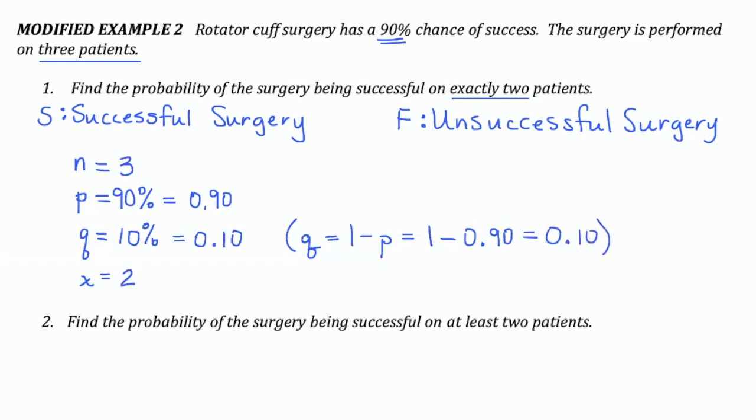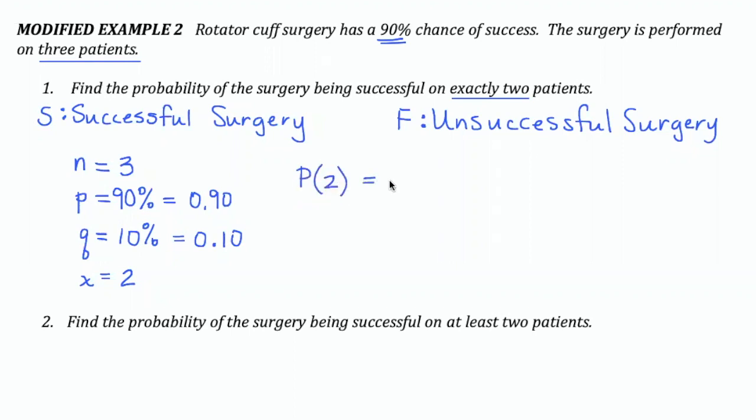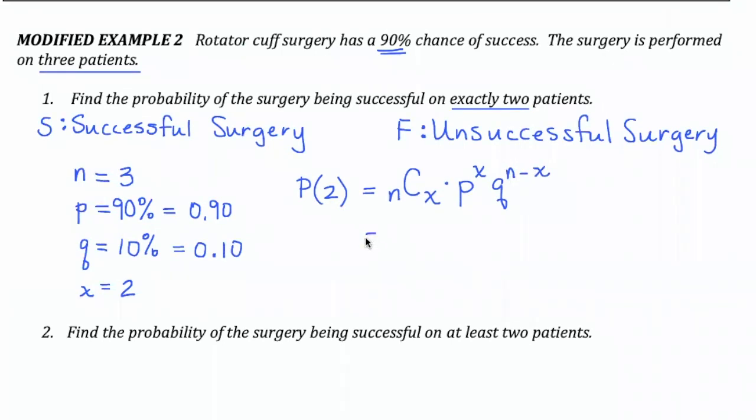Once you have your variables set up, then you're just going to substitute them into the formula. So the probability of 2 successes is equal to, the formula says nCx times p to the x, q to the n minus x. Next, we substitute the values for the variables.